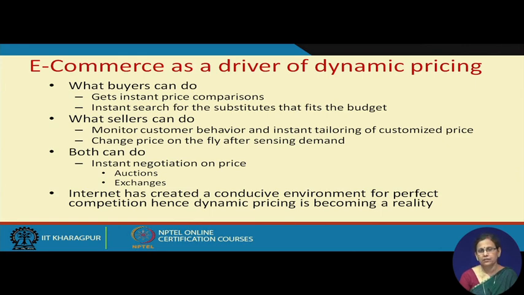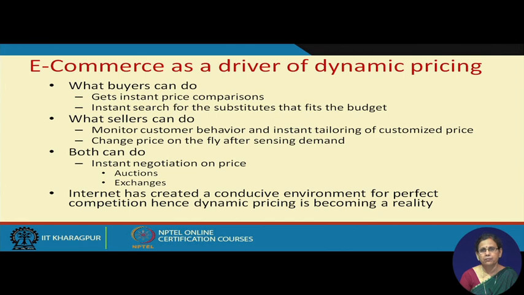It is not that they are physically going from one store to the other, virtually, sitting in front of a computer, they can go from one store to the other. The sellers can now monitor user behavior and they can instantly tailor customized prices. So, when they sense the demand is more, they increase the price, when the demand is less, price can be decreased.